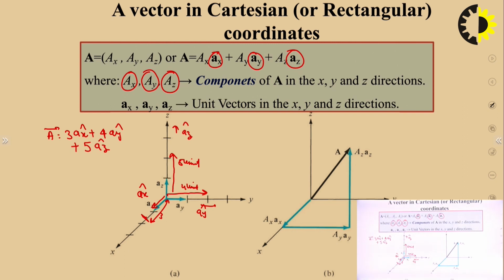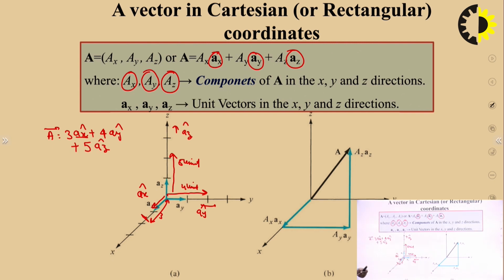So vector A is defined by the magnitude in each particular direction and the unit vector in that direction. In the x direction we have taken 3 units, so vector A is 3ax plus 4ay, because we have taken 4 units in the y direction.